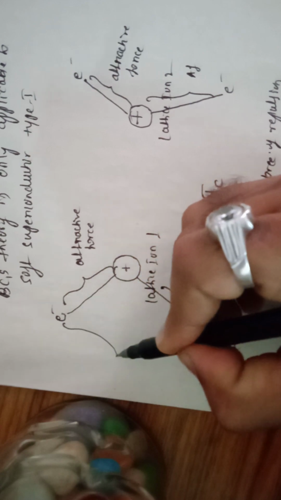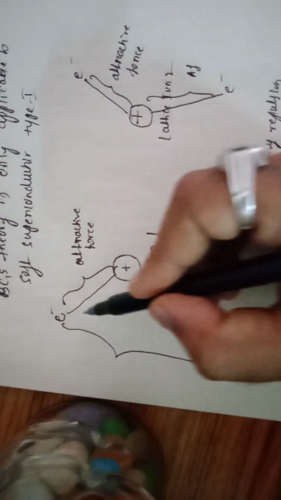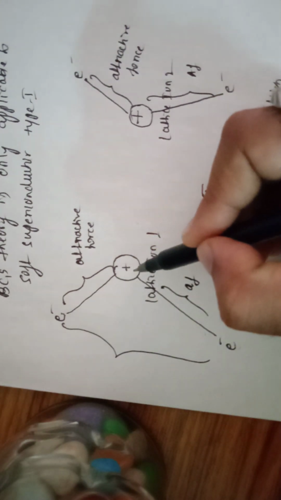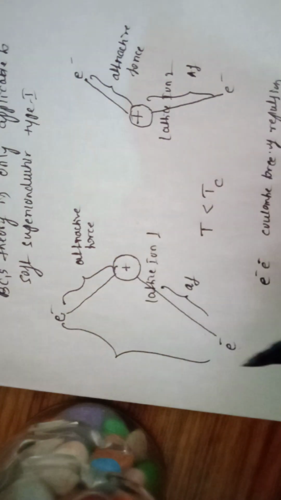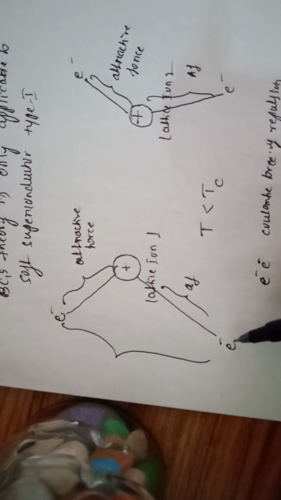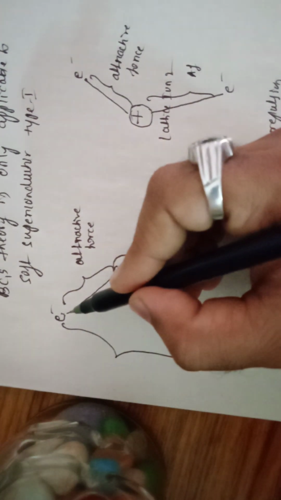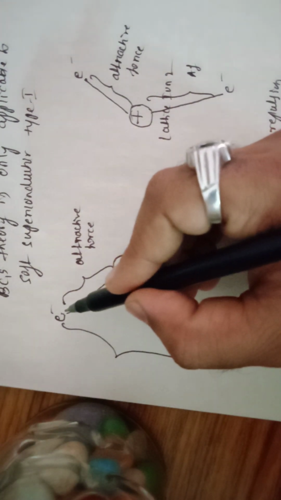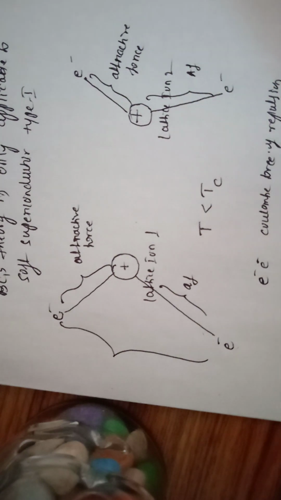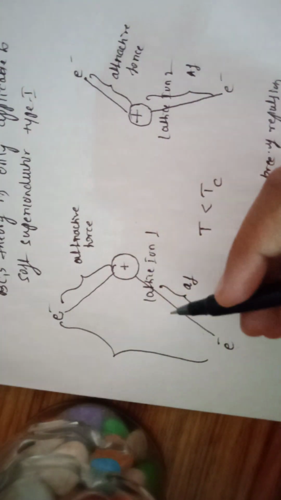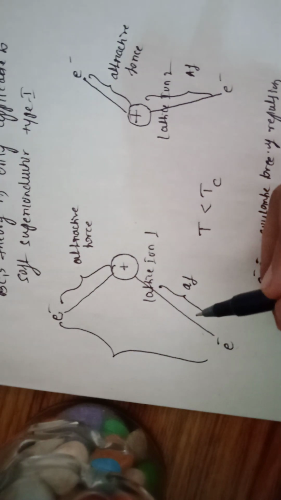So if they come closer and closer, this electron and this electron come towards the ion core, this electron cannot feel the repulsion of this electron, because the properties of these electrons change from fermions to bosons. Because of the low cooling temperature, these electrons become bosons.